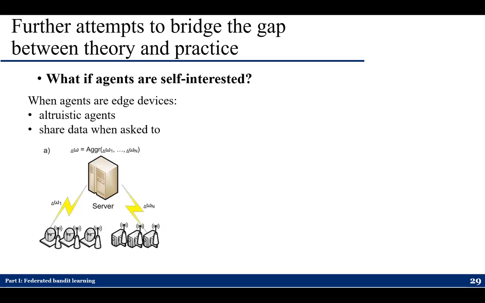So just now we mentioned those applications, like a recommender system. In this case, the agents are simply edge devices, mobile phones that run the recommender app. These agents are called altruistic, meaning they will share data when the central server asks them to.